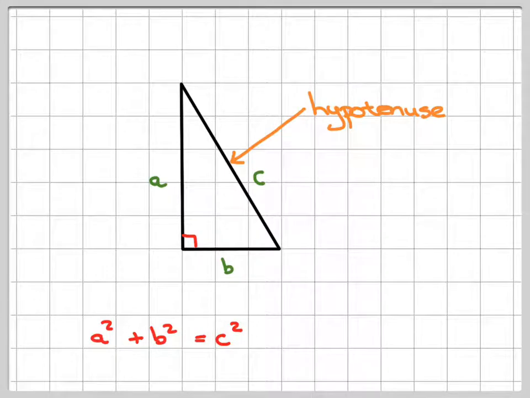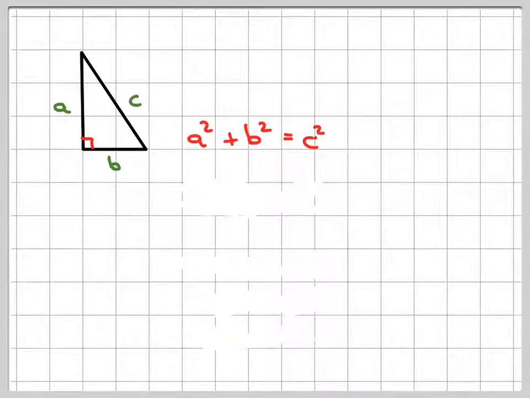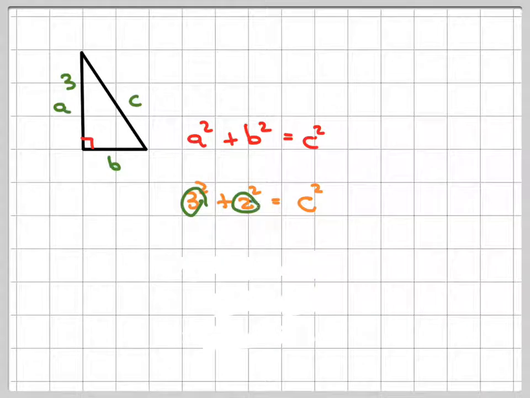Right, so let's look at an example. Here we have a right angle triangle, and we have A squared plus B squared equals C squared. So yes, we know that's our formula, and we've got figures that we've already put in, that A is equal to 3. So let's go write it there. A would be a 3 and B would be a 2.